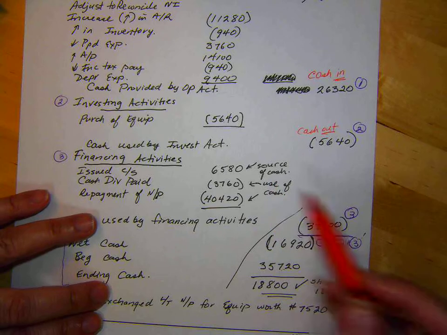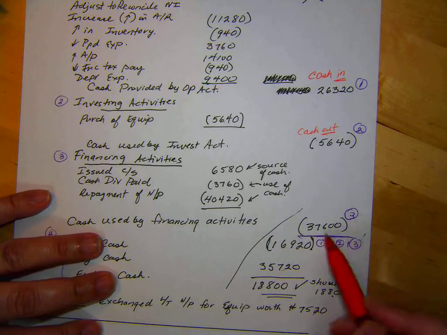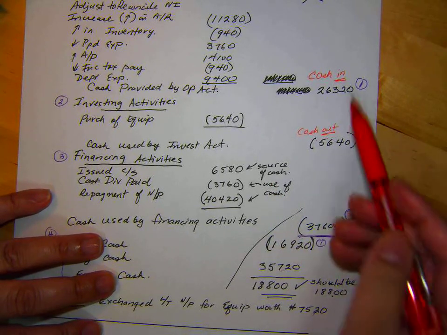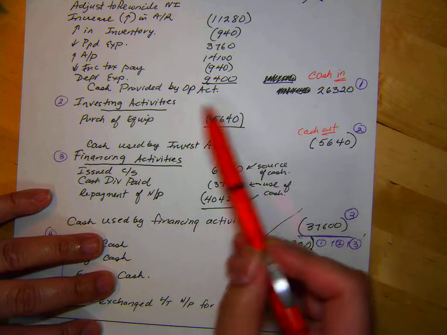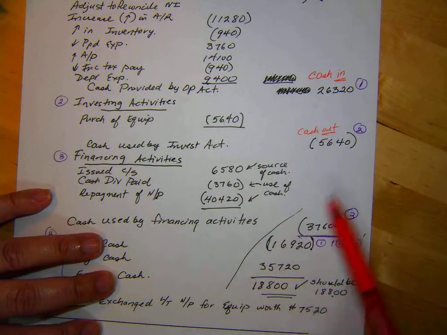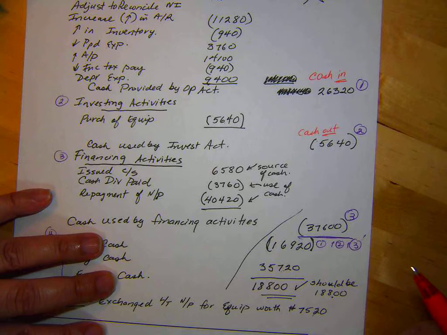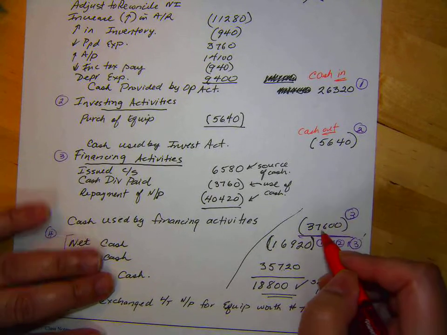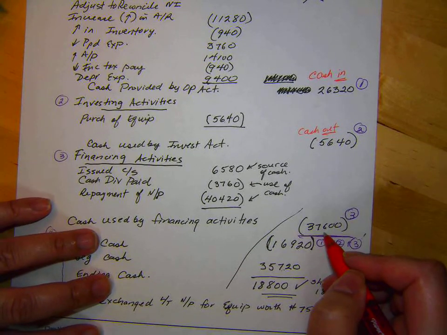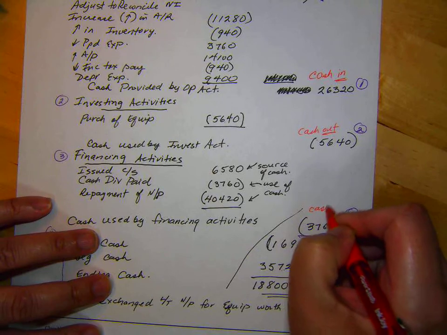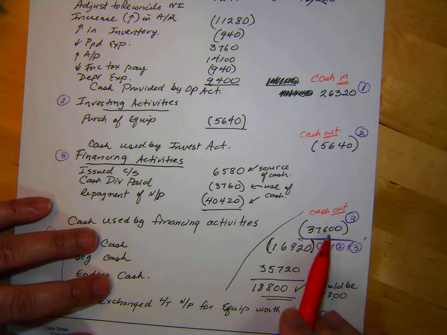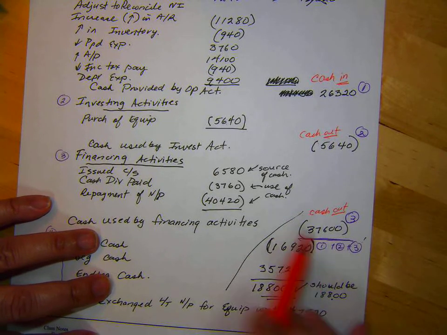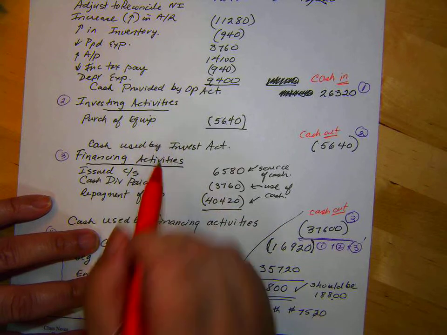And financing. This is how you pay for any of the investing activities and any shortfalls in operations. Well, actually, it went out. So cash out. So think about why we did it. So up here for investing, purchase of equipment was good, right?